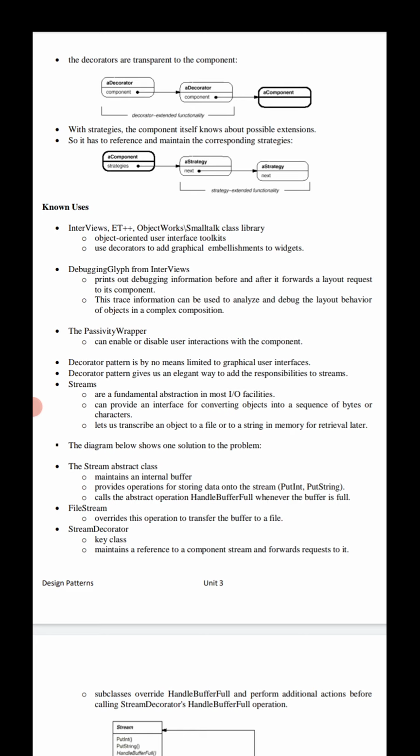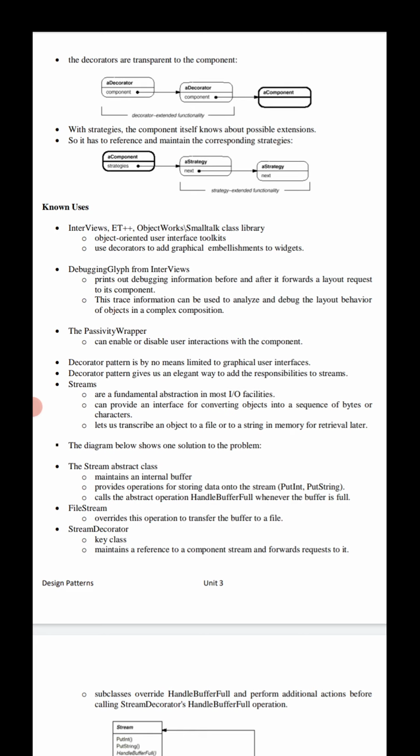A stream can provide an interface for converting objects into a sequence of bytes or characters, so we can give an object to a file or to a string in memory for later retrieval. A straightforward way is to define an abstract stream class with subclasses memory stream and file stream.